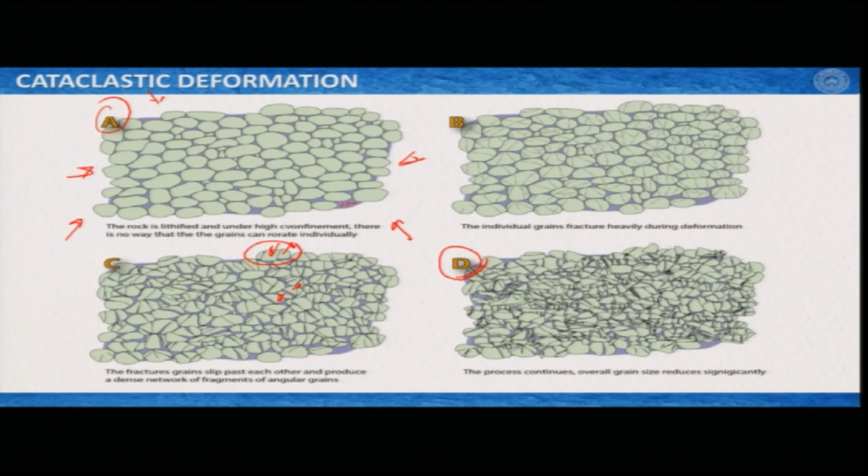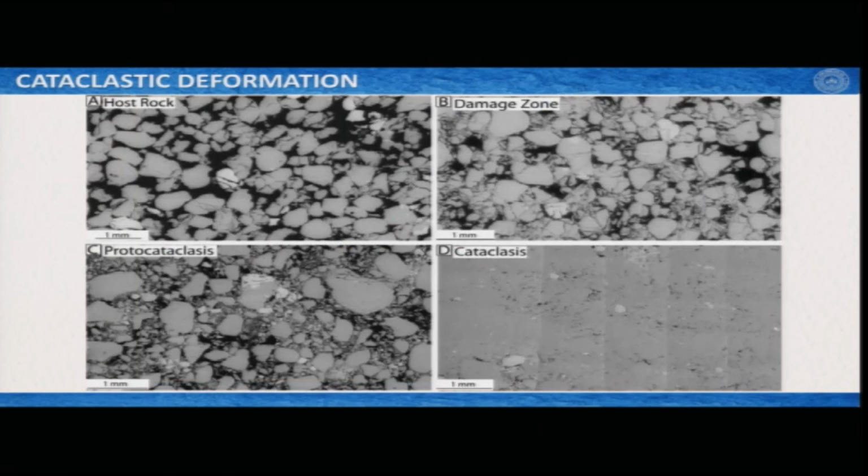They are not circular grains and their edges are not rounded. This is one of the characteristics of cataclastic deformation, and if we see this kind of structure either in the field or under the microscope, these are known as breccia or brecciated rocks. We will see some examples now.